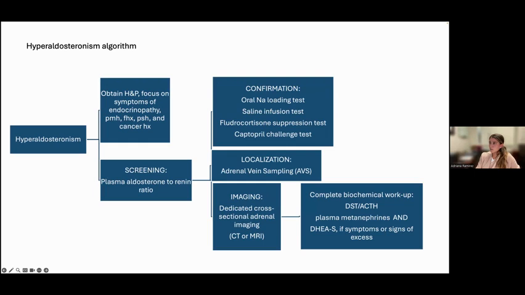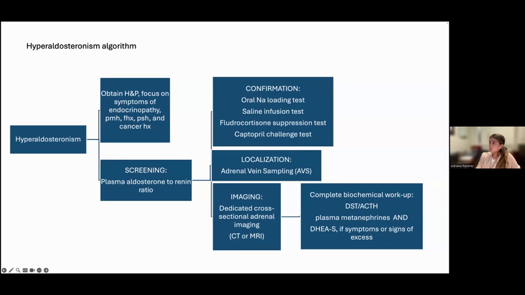Values greater than 30 are considered a positive screening test. Additionally, an aldosterone level greater than 10 or 15 with a suppressed renin, which can be variable, but I think most people would say an aldo greater than 15 is a positive screen.